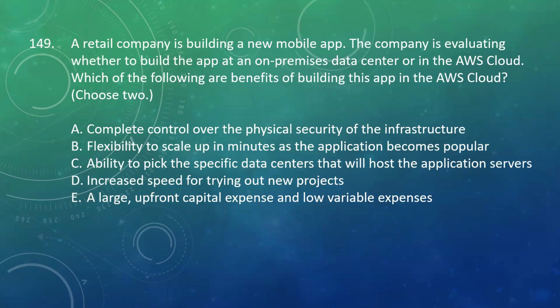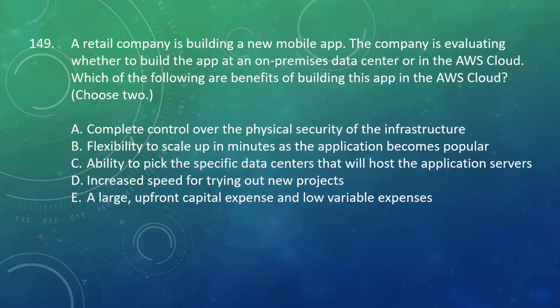So your options are complete control over the physical security of the infrastructure, flexibility to scale up in minutes as the application becomes popular, ability to pick the specific data centers that will host the application servers, increased speed for trying out new projects, a large upfront capital expense, and low variable expenses.